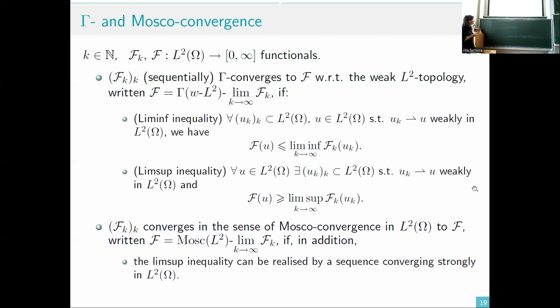And what I also would like to recall here, because we are going to use more than gamma convergence, is Mosco convergence. This means that the second condition is achieved with a sequence that converges not weakly but strongly. So the difference between gamma and Mosco is that the recovery sequence is with respect to the strong convergence in L2.